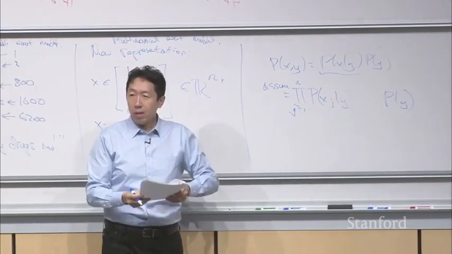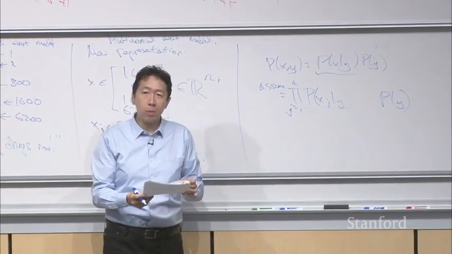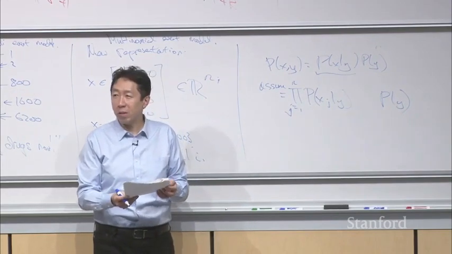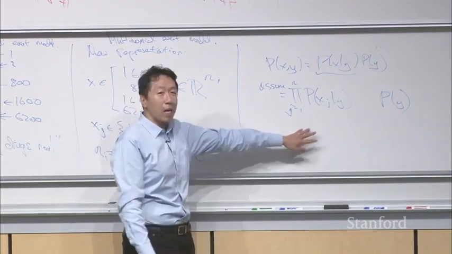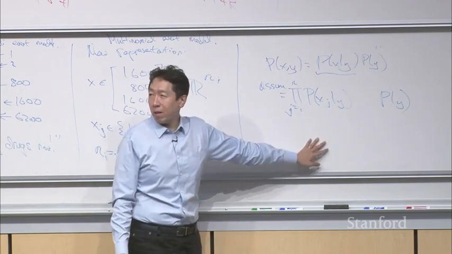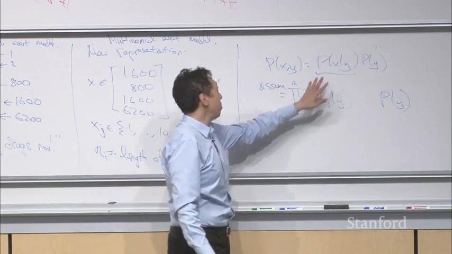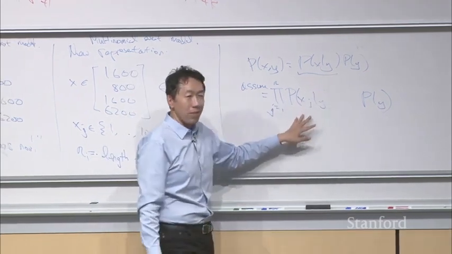Now, one of the reasons these two models were frankly very confusing to the machine learning community is that this is exactly the equation that you saw on Monday when we described naive Bayes for the first time. P of x given y is a product of probabilities, right?